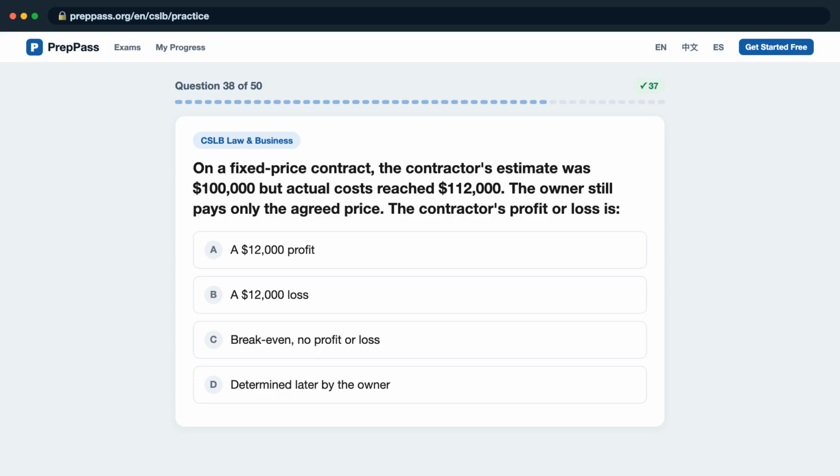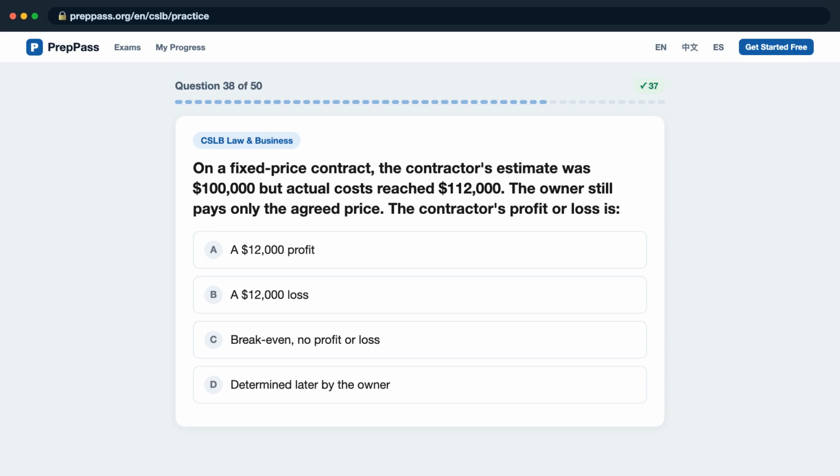Question 38. On a fixed-price contract, the contractor's estimate was $100,000 but actual costs reached $112,000. The owner still pays only the agreed price. The contractor's profit or loss is it A, a $12,000 profit? B, a $12,000 loss?